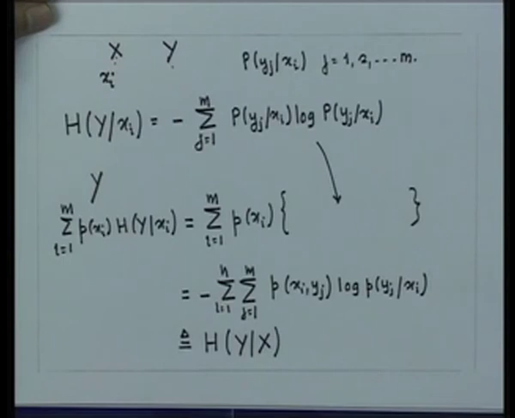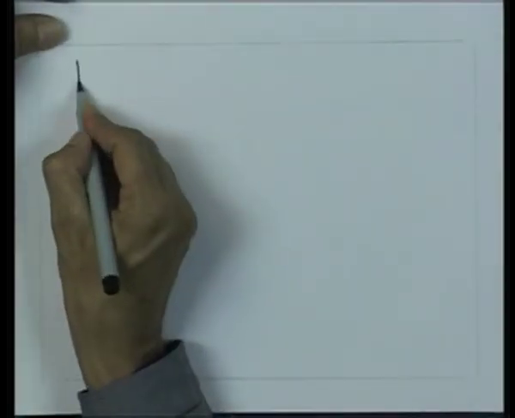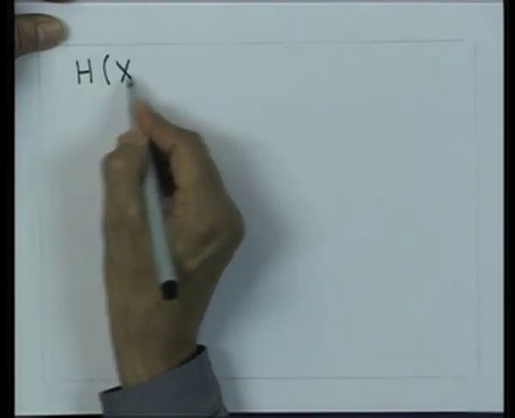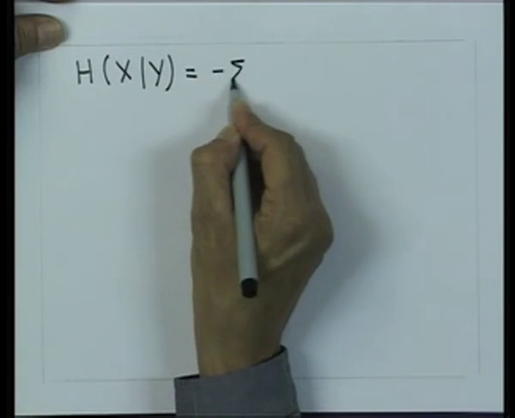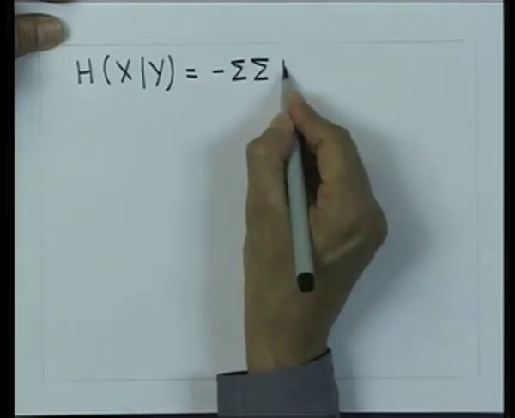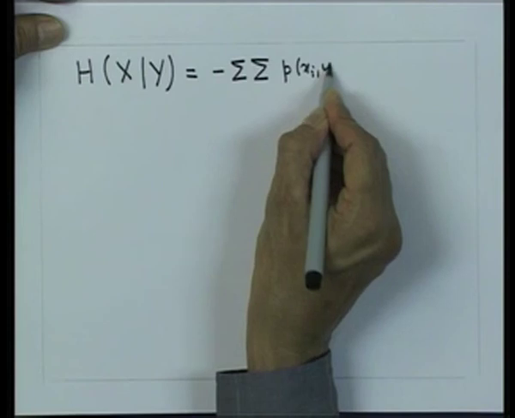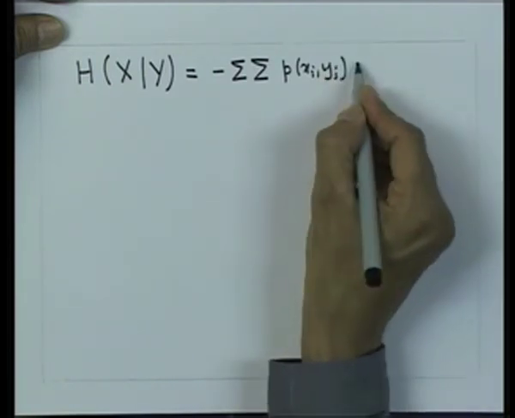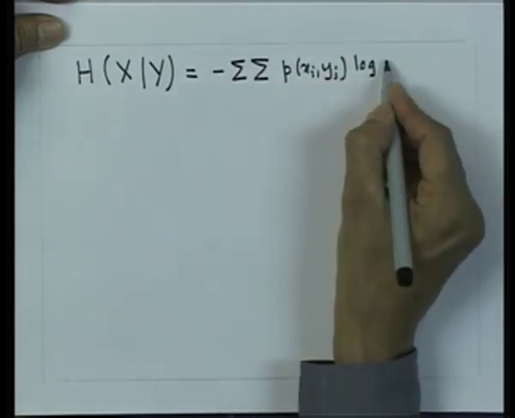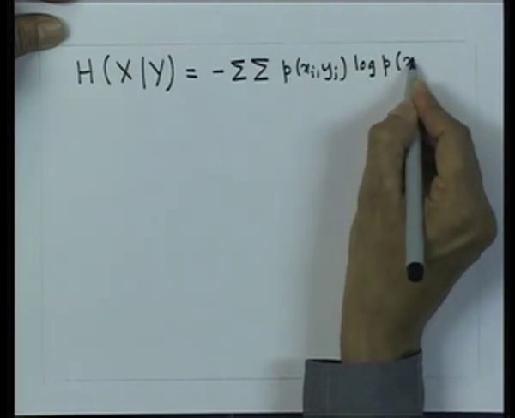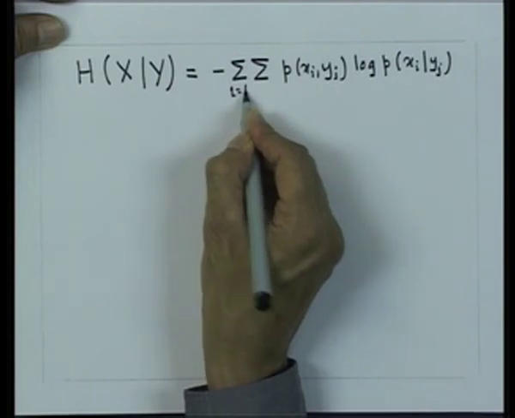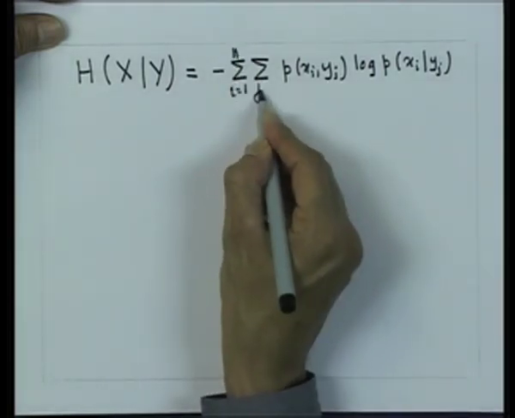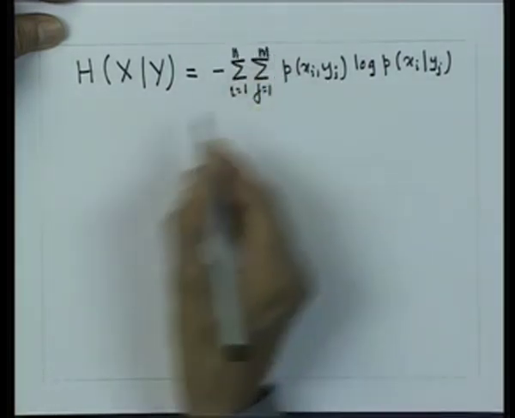Based on this argument, I can also define H of x given y, and that would be simply nothing but the double sum of p of xi yj log of p of xi given yj, i equal to 1 to n and j equal to 1 to m.